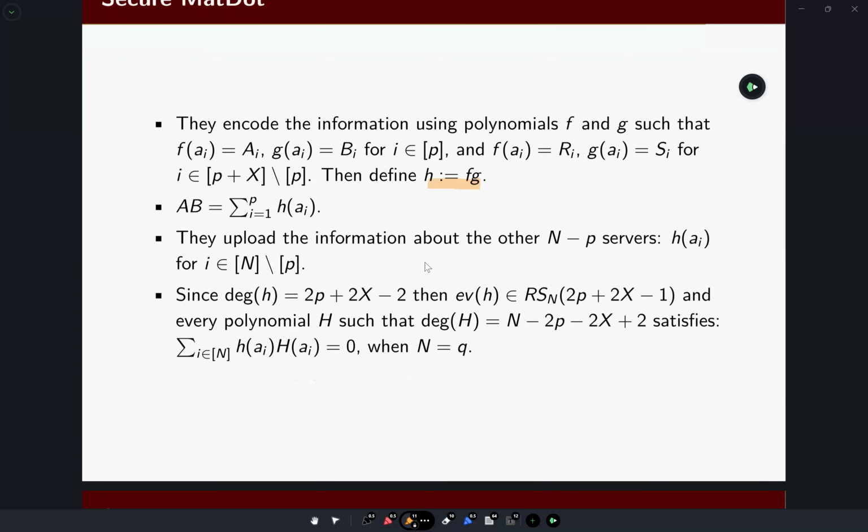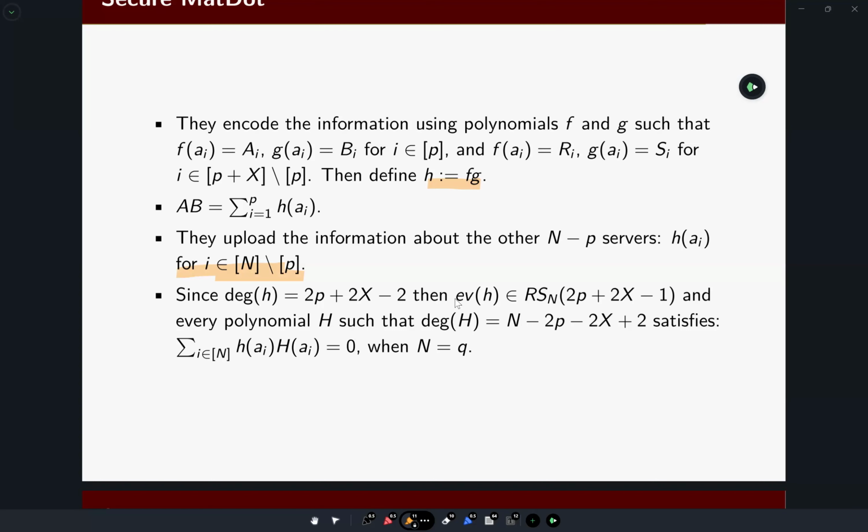Now, we just upload the information regarding the server that we don't care about, so this random part. Remember, P indexes the part which needs to be secure. We just upload what is not needed to be secure.